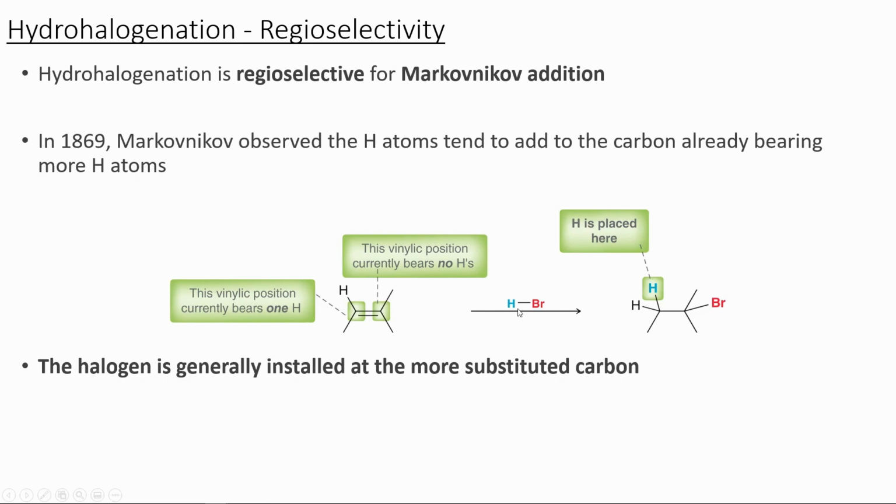So in a normal addition reaction, the halogen is going to be installed on the more substituted carbon, and the hydrogen is going to be installed on the less substituted carbon. So this would be called Markovnikov addition. This is the typical regioselectivity, or the expected outcome for an addition reaction.